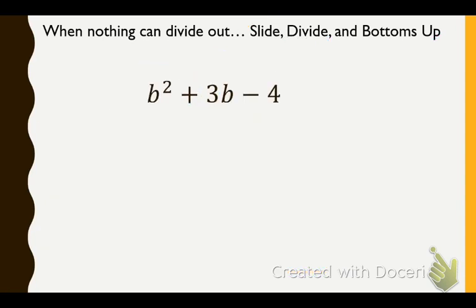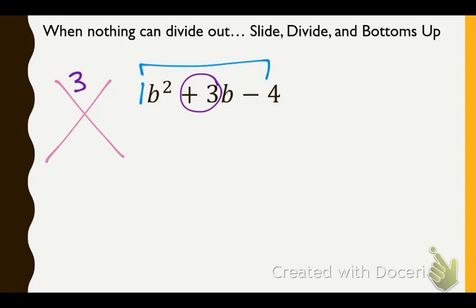Alright. So here, if we look, it's slightly different, but it's what we did this afternoon actually. Put your b term up here. If you were to do the slide, what number is in front of b? 1. So you would do 1 times negative 4, which is negative 4.